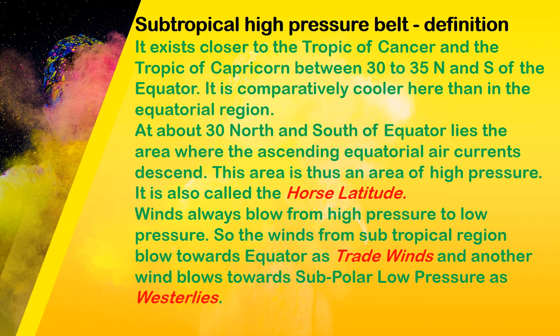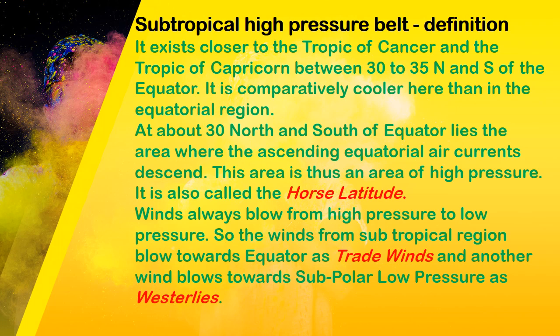At about 30 degrees north and south of the equator lies the area where the ascending equatorial air currents descend.